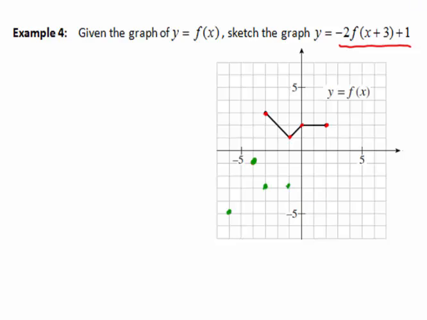And once we have our points transformed, we can now just draw our straight lines in, connect our points, and there is our new transformed function. And we're going to continue to do more of this combination of transformations in class.